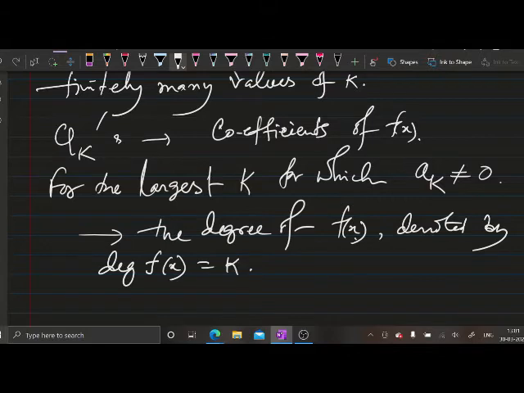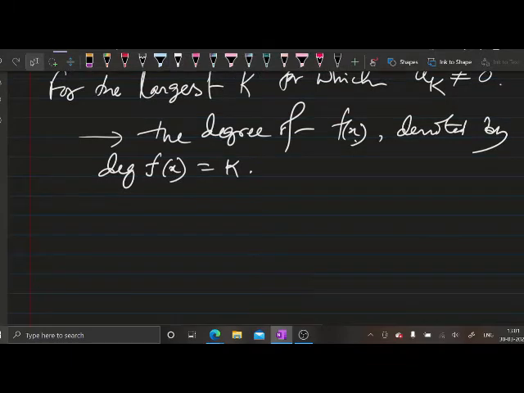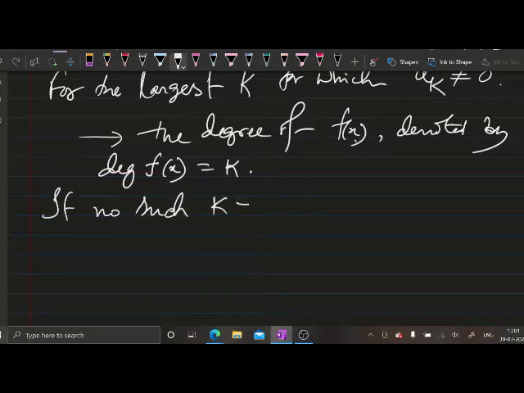It is k. And now if no such positive k exists for which ak is non-zero, that is, if no such k greater than 0 exists, then f(x) is called a 0 degree polynomial.